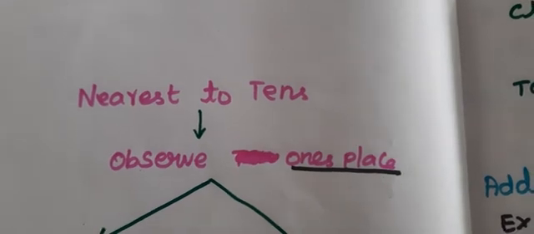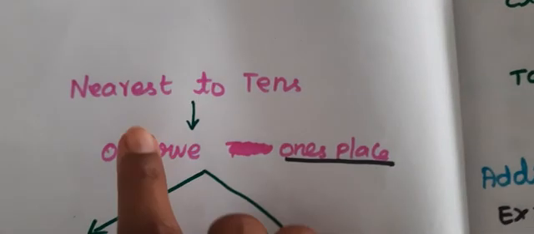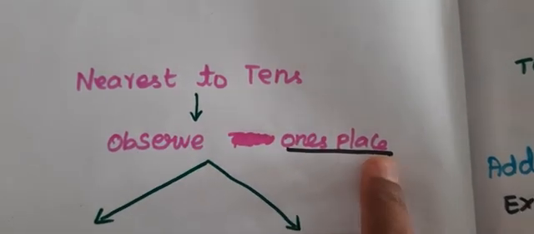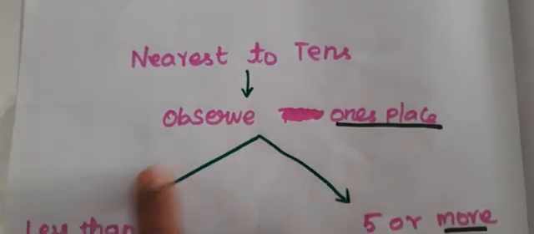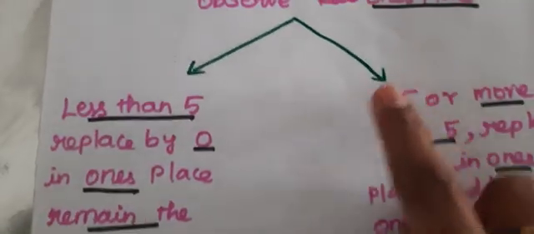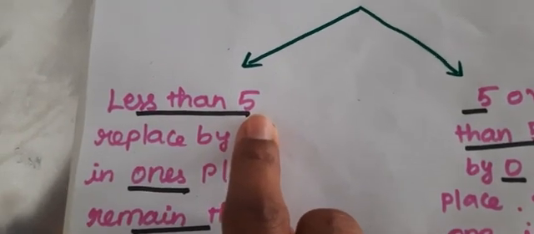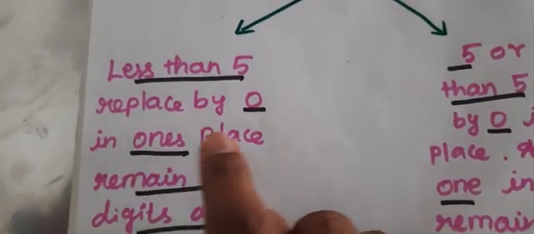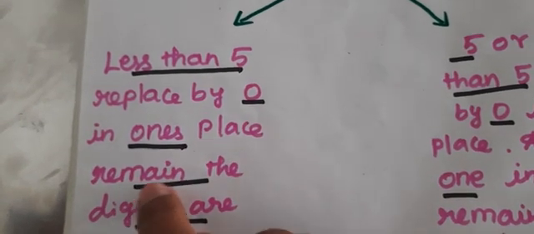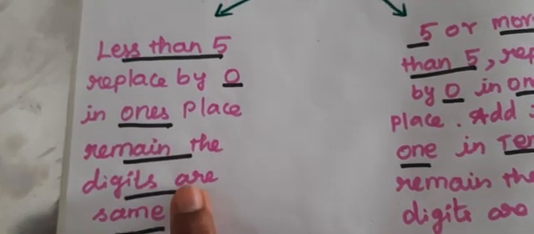The first one is nearest to tens. Nearest to tens means we should observe the ones place. The ones place has two conditions. Less than 5 in the ones place means replace it by 0 in the ones place, and the remaining digits stay the same.